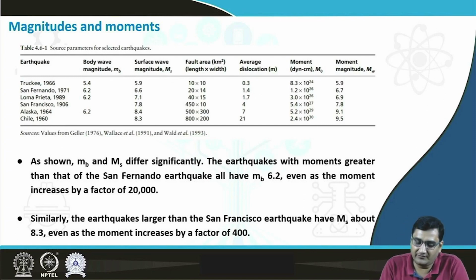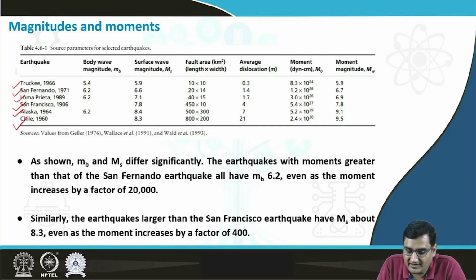For example, if you look at these earthquakes, these are 6 different earthquakes: the Turkey 1966 earthquake, San Fernando 1971 earthquake, Loma Prieta 1989 earthquake, San Francisco 1906 earthquake, Alaska 1964 earthquake, and Chile 1960 earthquake.